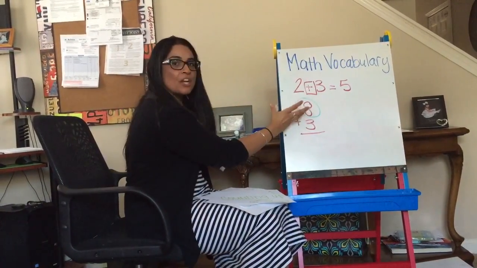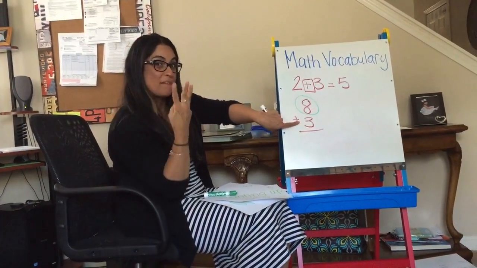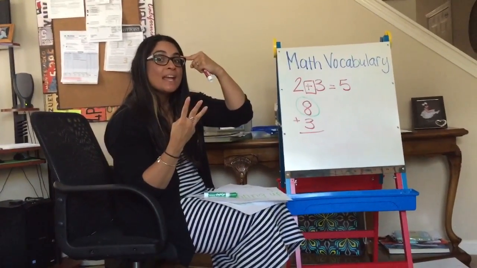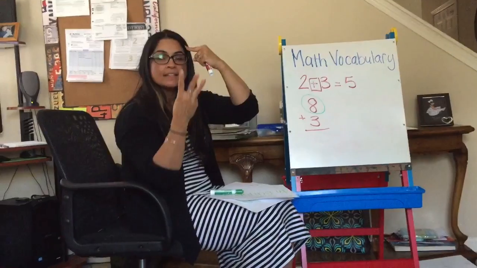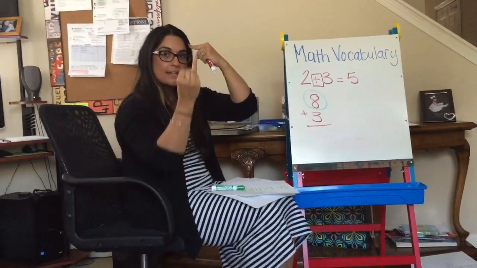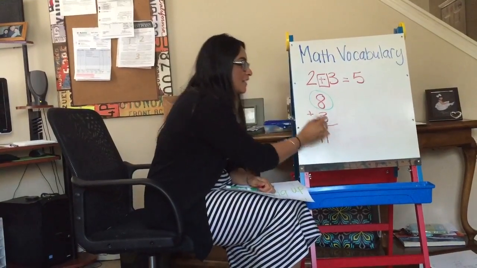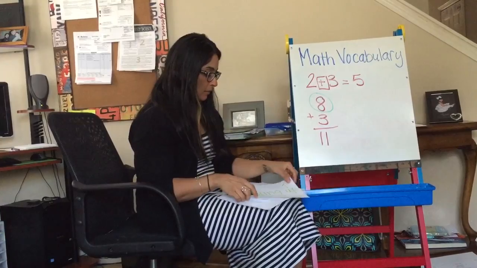So I'll take the big number 8, I put it in my head, and then I take that little number and I put the little number in my fingers. So what's the little number? 3, right? Okay, 8's in my head. I'm going to count on. I'm going to count up. What comes after 8? 9, 10, 11. So what's the answer? Good, 11. This is called counting up. That's the counting on strategy, okay?